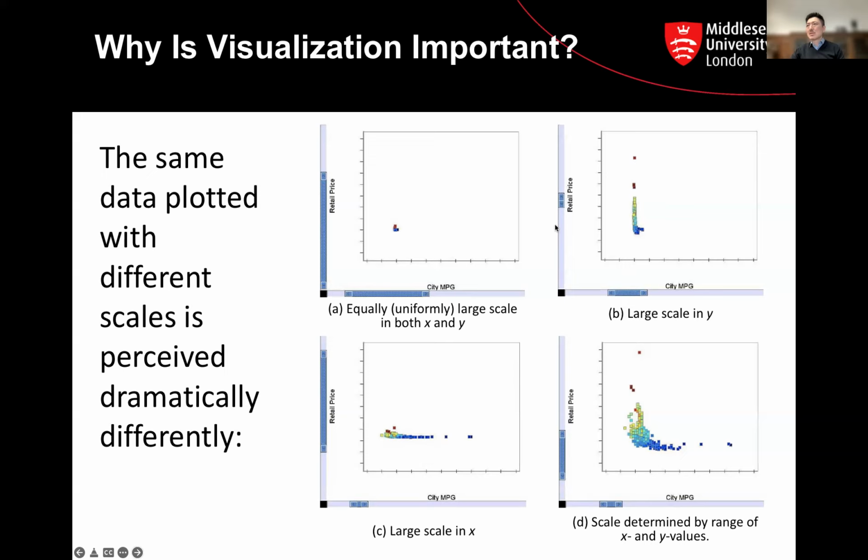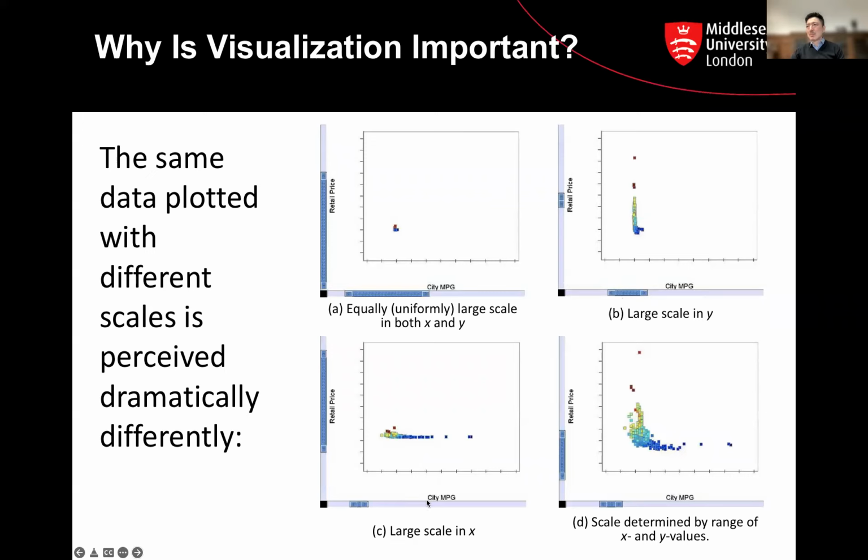So for example, you change the scale of one of them, you can see now the retail price only represents a quite small range. And then you can see the price differences and distribution of these cars and how they are different. They're actually not tightly grouped together. But in terms of the city MPG, which represents how fuel efficient they are, they're still kind of grouped together because the x-axis is still quite big.